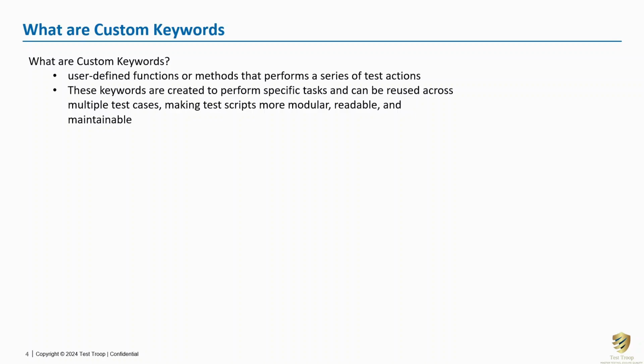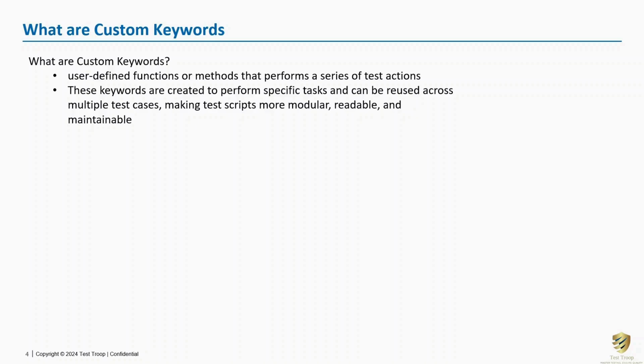Keywords are user-defined functions or methods that perform a specific task or a series of test actions. If you have ever worked with programming languages like Python, Java, or C Sharp, you might have come across the terminology called a function. A function is a block of reusable code designed to perform a specific task.